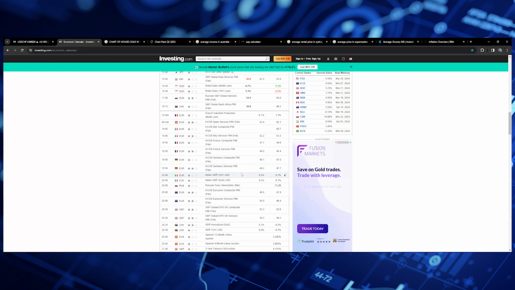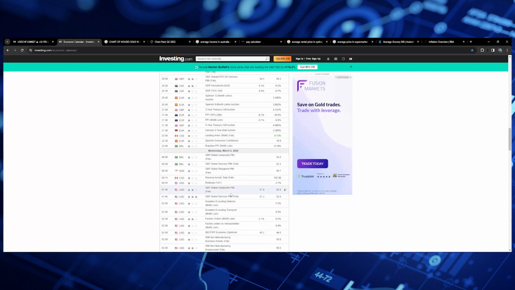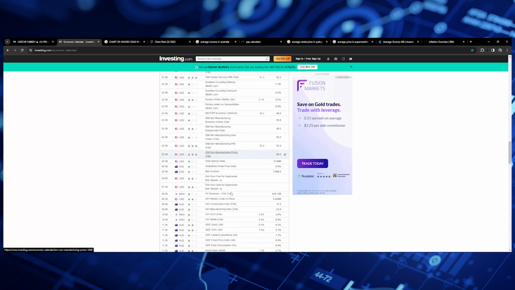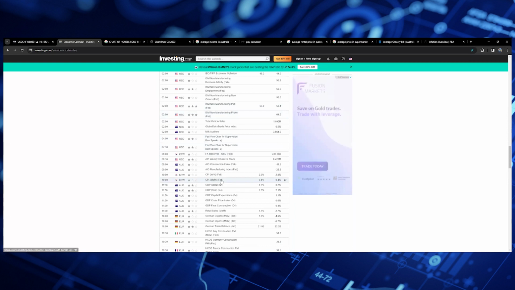We have PMIs as well, like French, Spanish, and German. And then we're going to have PPI, year-over-year, month-over-month. But the most important one will actually happen on Wednesday, the ISM non-manufacturing PMI for the US, as well as the GDP for Australia.